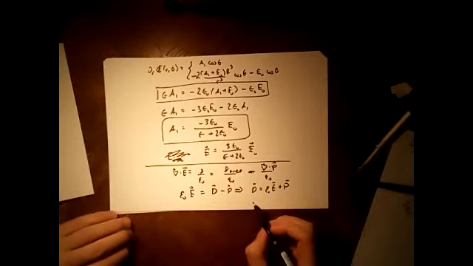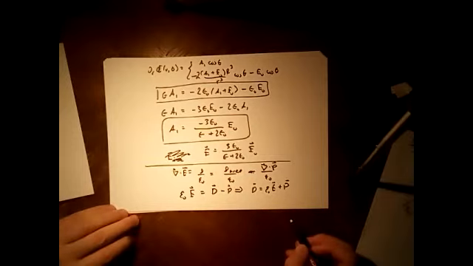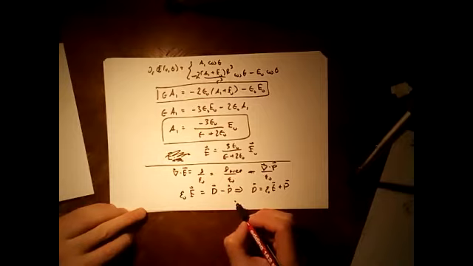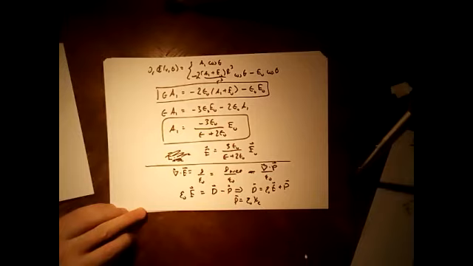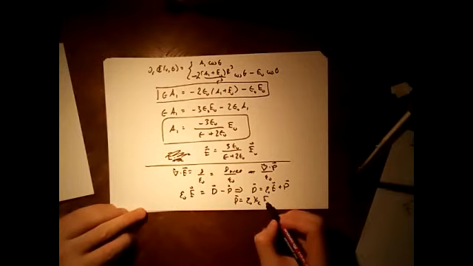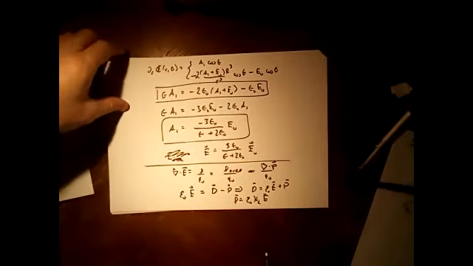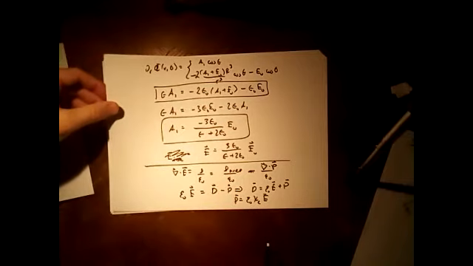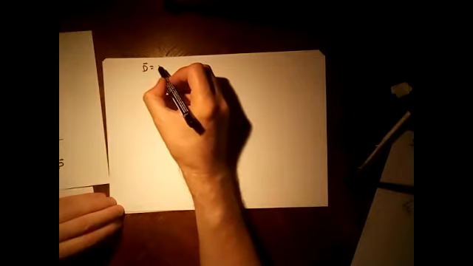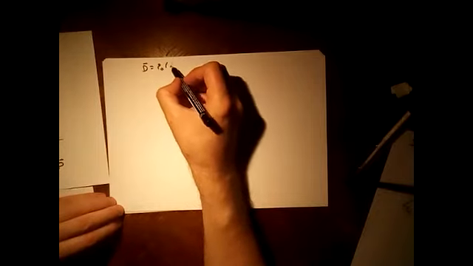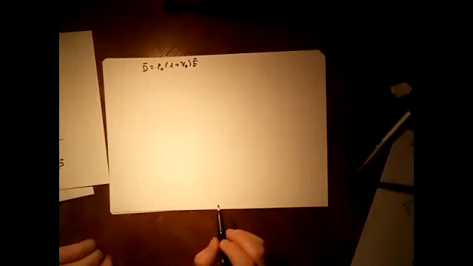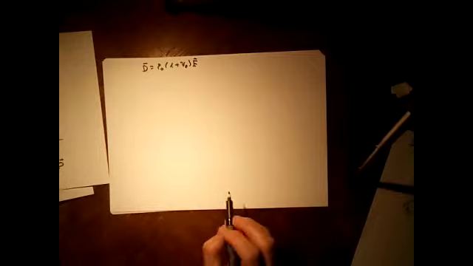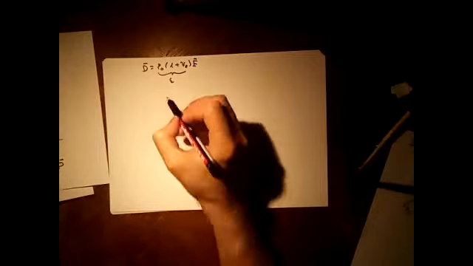And what we want is also to use the fact that the polarization P is epsilon 0 chi E times the electric field in a linear material. So basically D is equal to epsilon 0 (1 plus chi E) times E in a linear material, and this whole thing is epsilon.